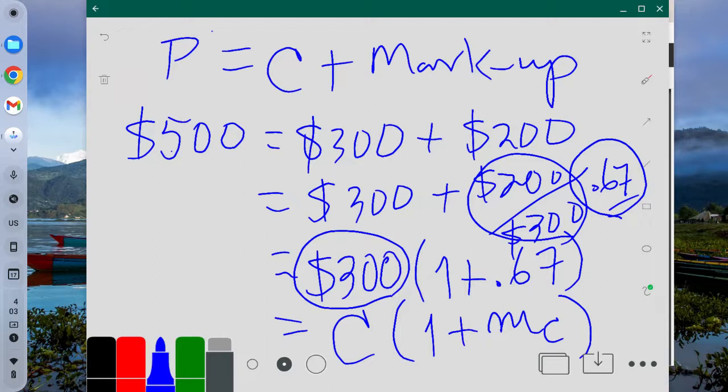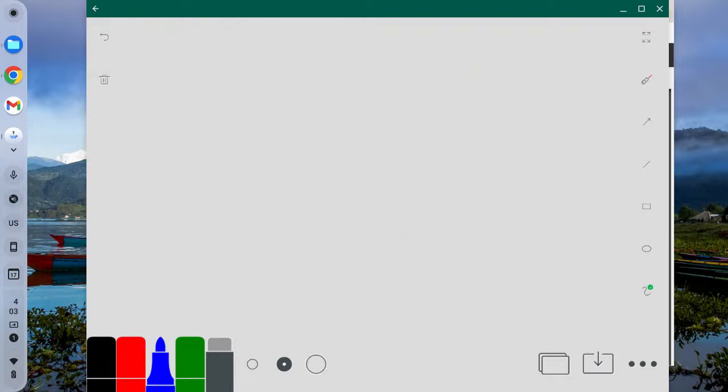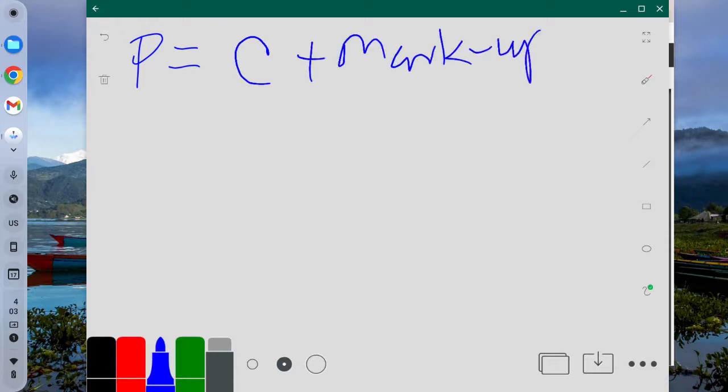We can, so let me delete this, and then the same thing can be expressed as, let's say, price is 500, and the cost is 300.